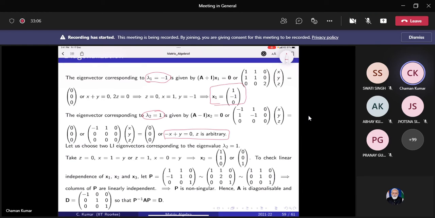So what we can do is take two vectors, this one and this one. These two eigenvectors are linearly independent and they satisfy this condition also. Z is arbitrary. You can take z is equal to 1 and x and y 0, 0, or you can take x is equal to 1, y is equal to 1, and z is equal to 0.